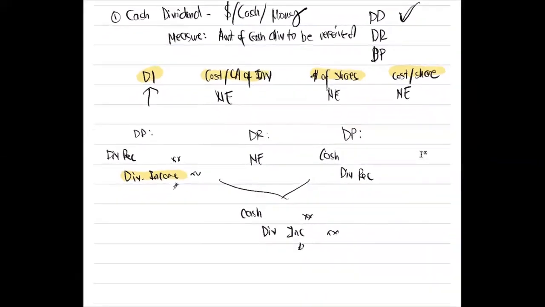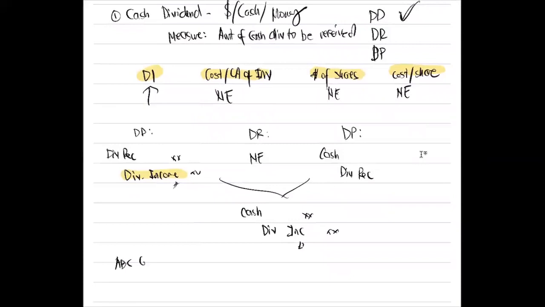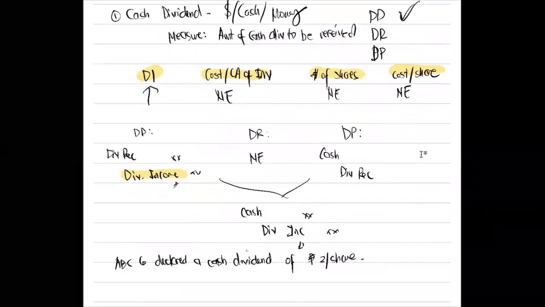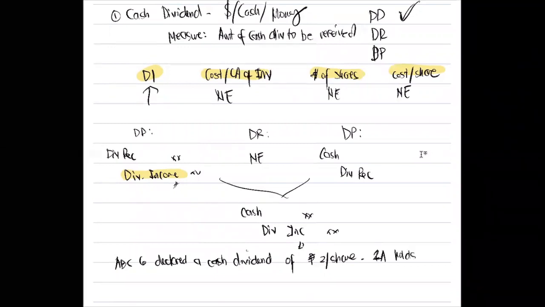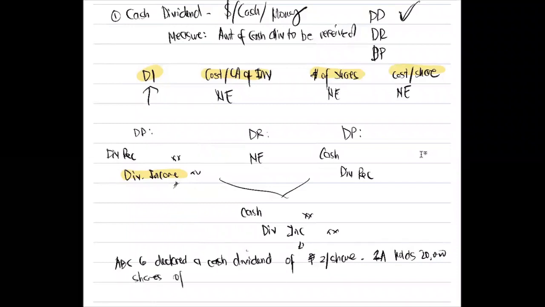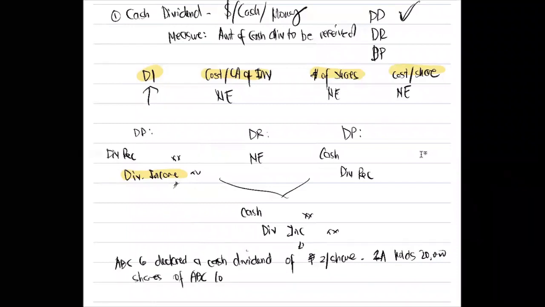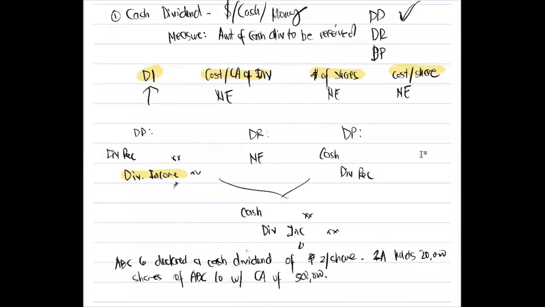So let's say, for example, ABC company declared a cash dividend of P2 pesos per share. 2A holds 20,000 shares of ABC company with carrying amount of 500,000 pesos.